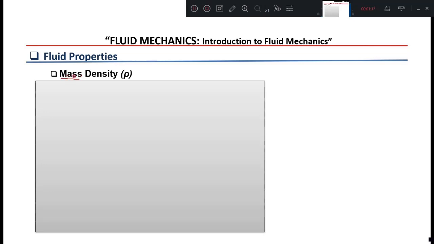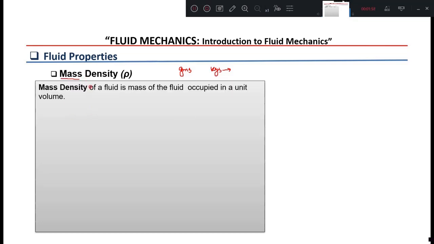Mass can be measured in grams, which is used to measure lighter objects, or in kgs, used to measure heavier objects.